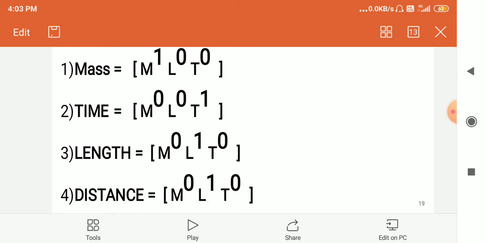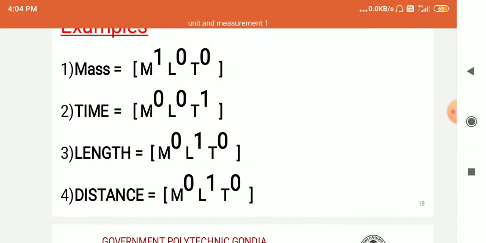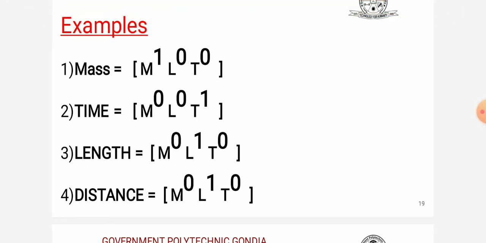Similarly, suppose the quantity given to you is mass square. In that case we will write M to the power 2, L to the power 0 and T to the power 0. Instead of 1 there will be 2 because we have the term mass square, right?